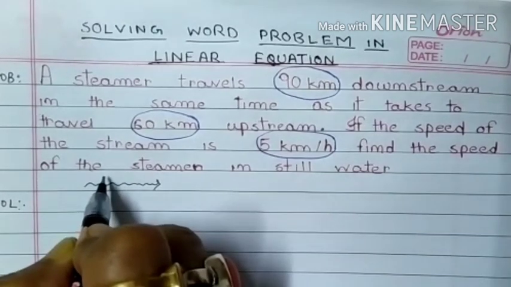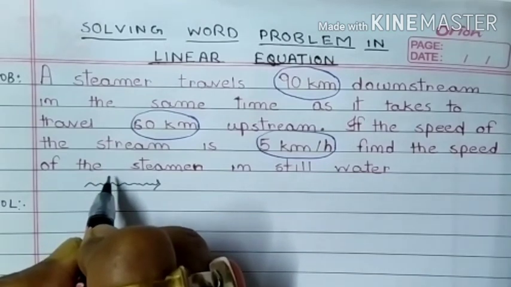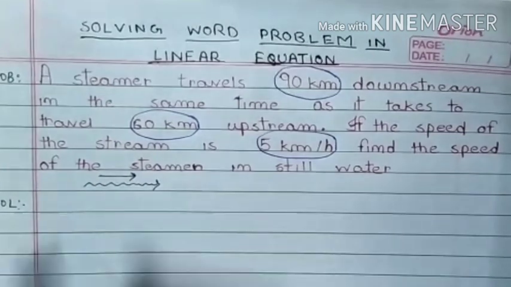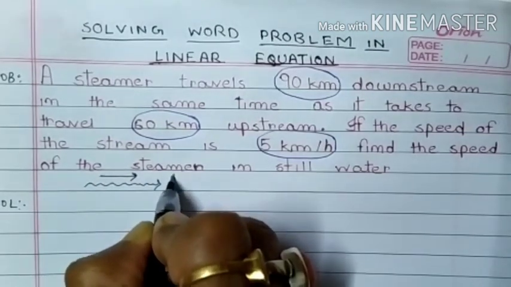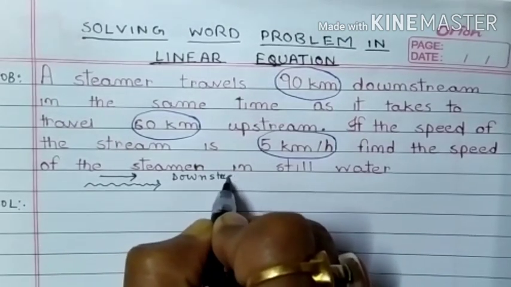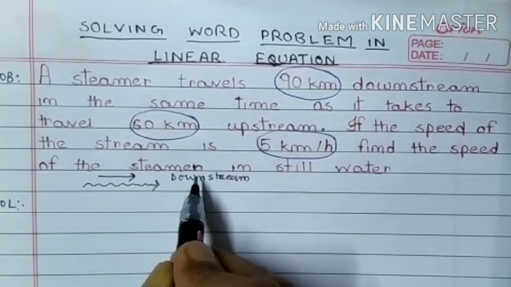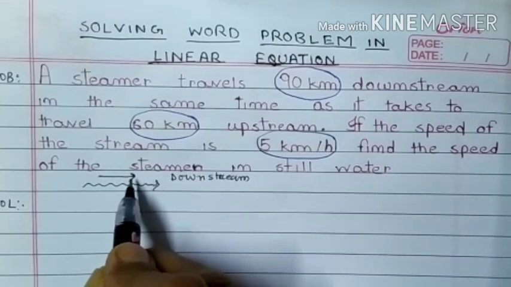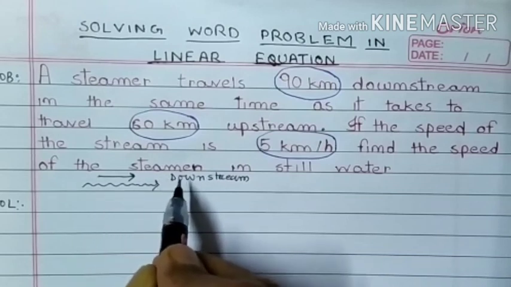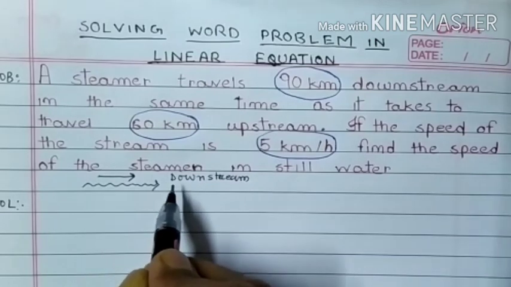If you are moving in the direction where the stream is moving, suppose the steamer is moving in this direction, this is called downstream. Understand? You are not going against the stream, you are going with the stream, so it is called downstream.